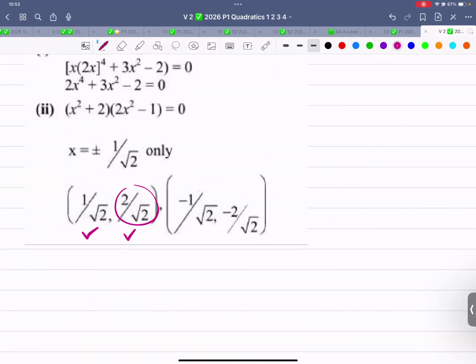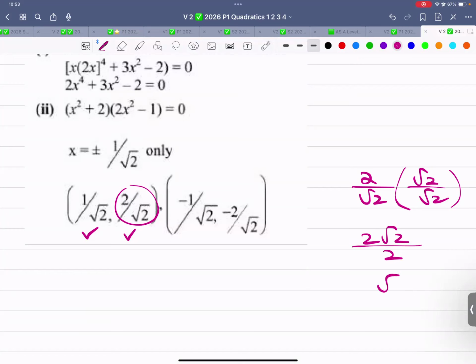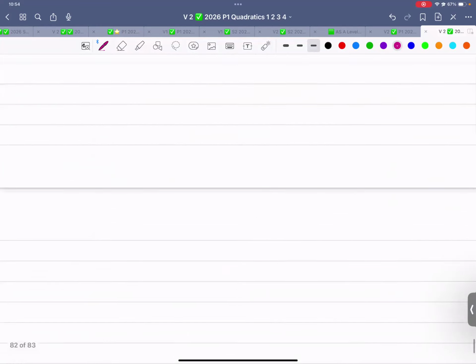Another way is rationalization: 2 root 2 over 2, which is root 2. This is B, positive, positive. This is A, negative, negative. All good? So that is how this is done.